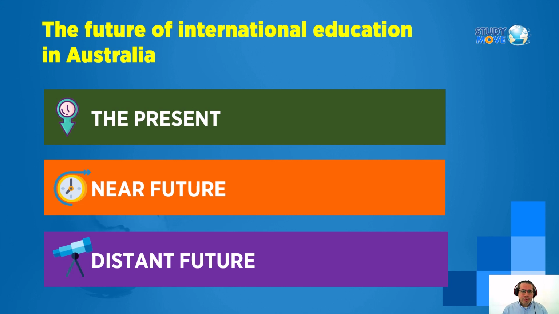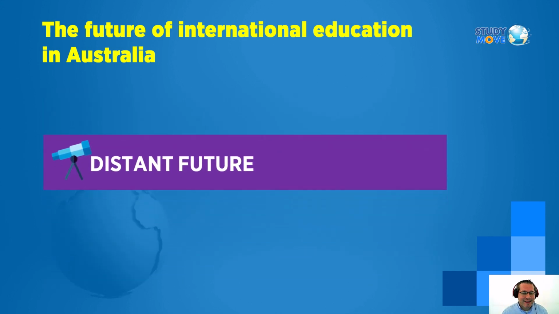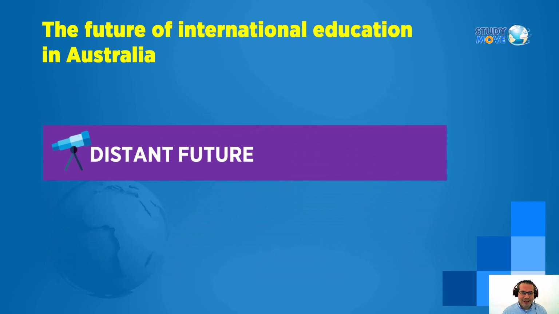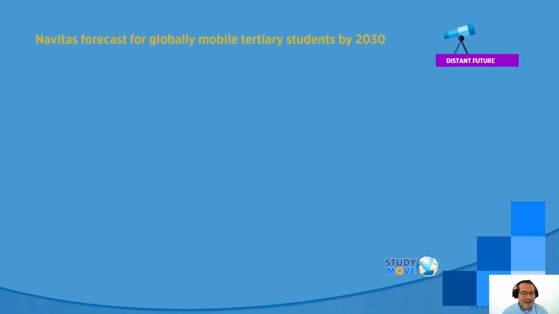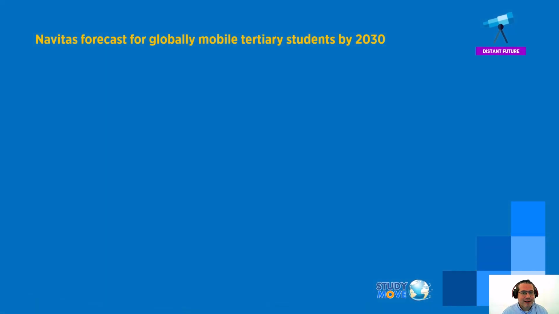Now, moving into the big one, which is, of course, looking at data that can give us an understanding of what we can expect in the distant future. I believe that the best resource and the best analysis that exists at the moment is the analysis done by Navitas. This is a very thorough analysis of how international education will move, not only for Australia, but worldwide.